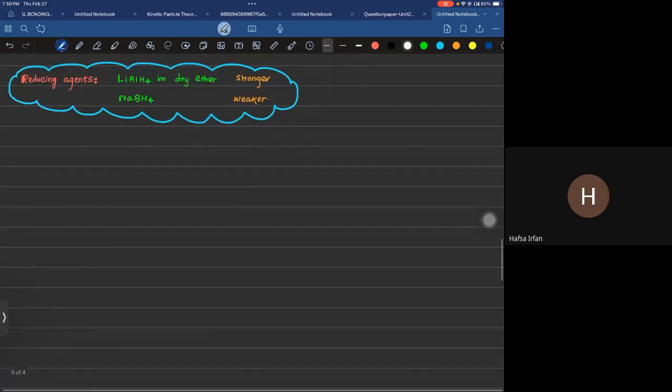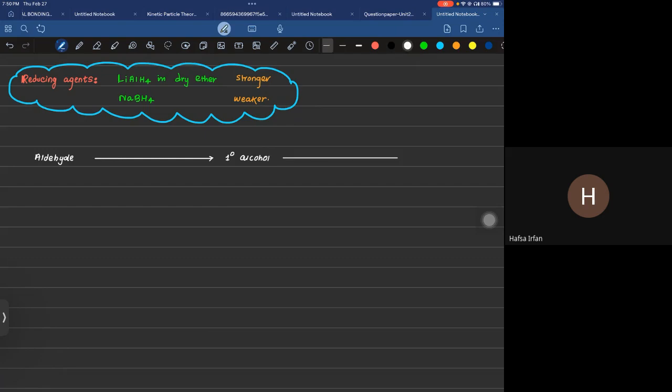So I'm going to write the equation. The first one is aldehyde को if you want to convert into primary alcohol. तो एल्डिहाइड इज दिस, सिंपल ले रहा हूँ बिल्कुल, 2 कार्बन वाला। यू विल बी प्रोड्यूसिंग दिस प्रोडक्ट। क्या यूज किया आपने, पता है ना?